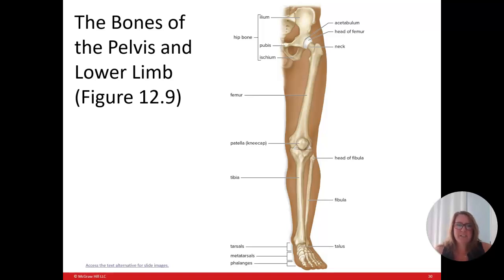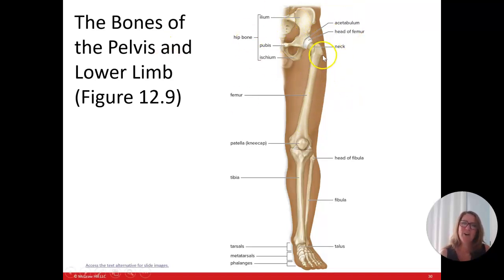And then to the front, we have the pubis, and we have the ischium. A little harder to imagine where that's at, but it's essentially in your pelvic region. So we have that both on the right and left side, forming this nice structural area for attachment of our leg muscles.